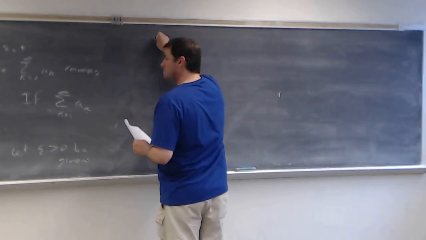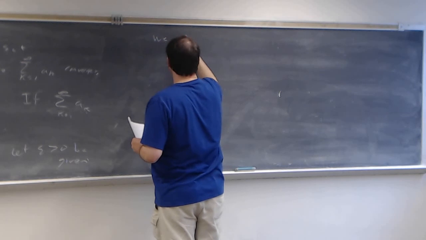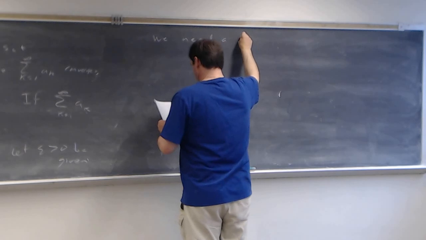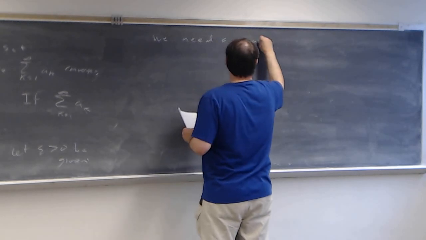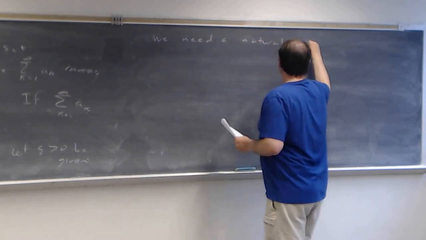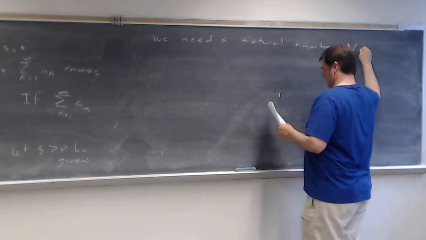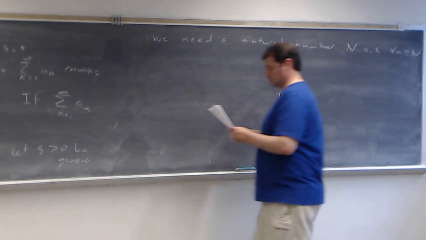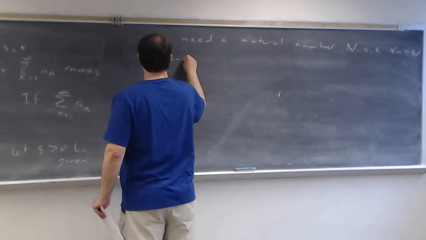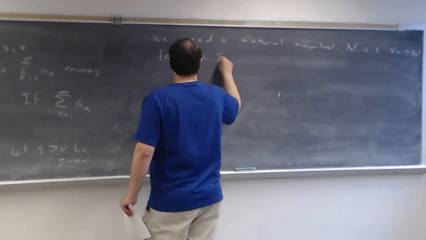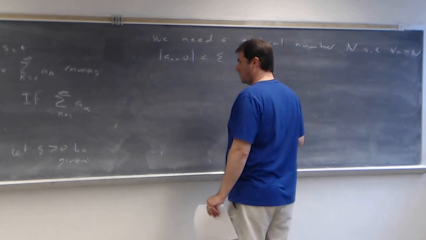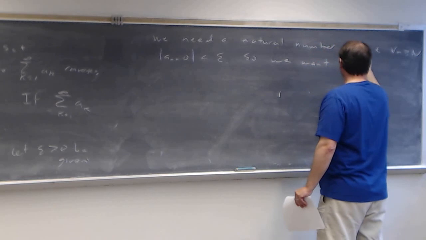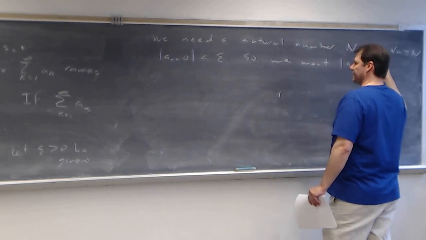We need a natural number N such that for all n bigger than or equal to N, this norm of a sub n minus 0 will be less than epsilon. So we want the complex norm of a sub n to be less than epsilon.